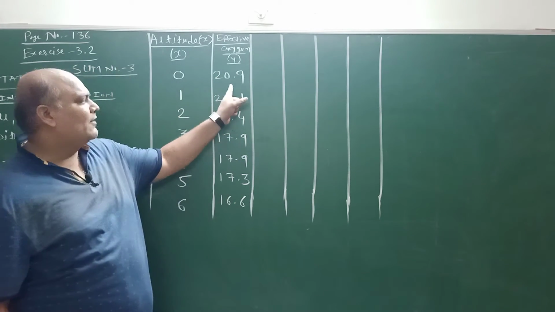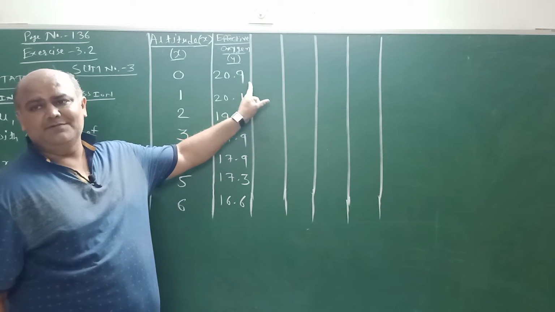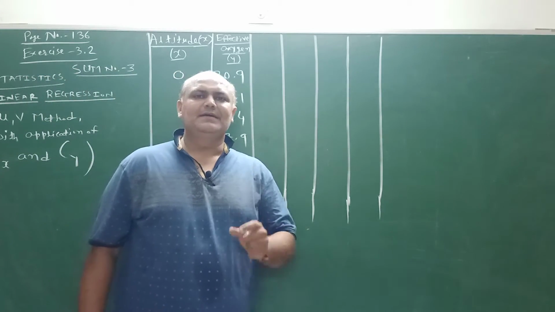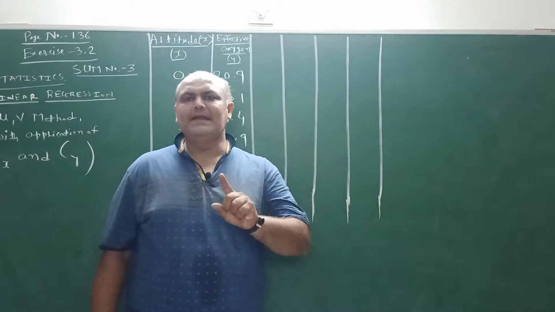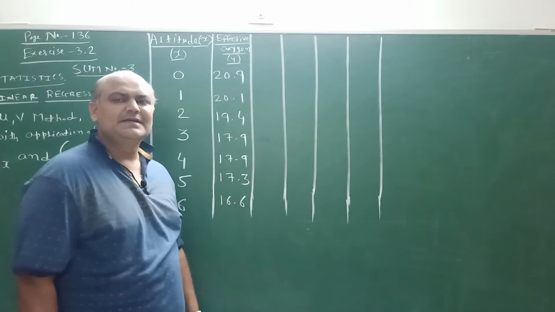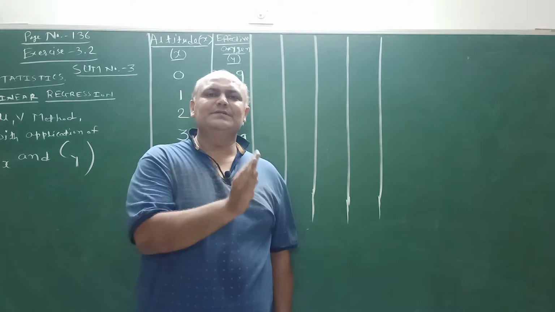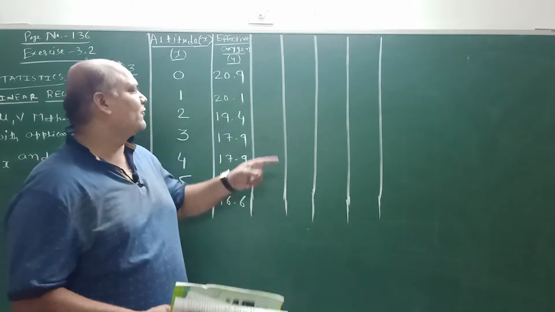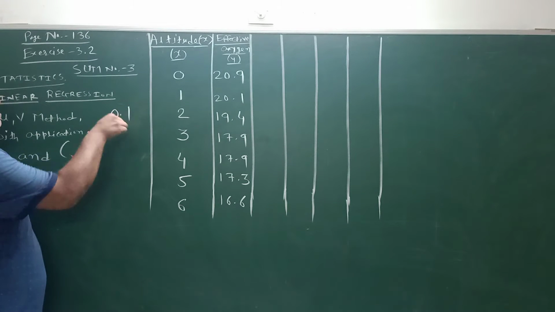If two digits are given after the point, then all the digits are divisible by 0.01. And if they provide three digits after the point, then all the digits are divisible by 0.001. Okay?